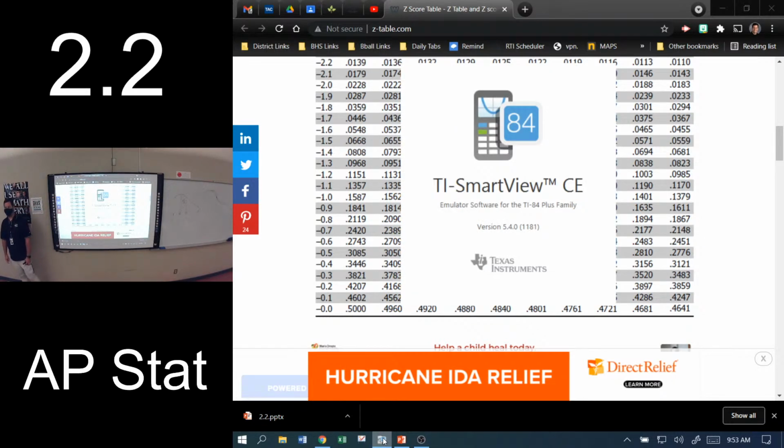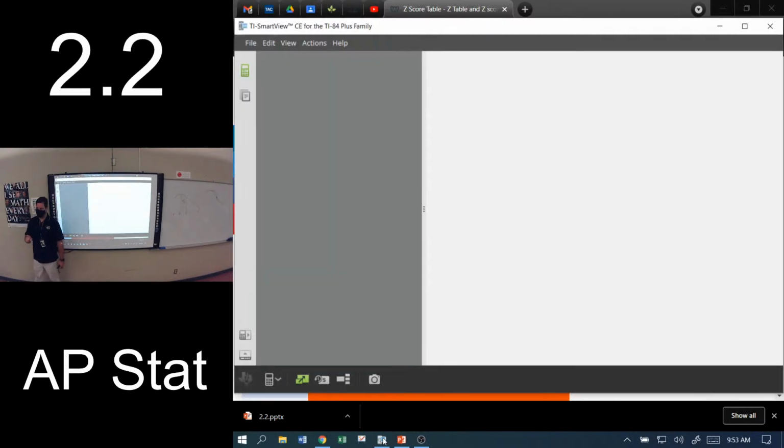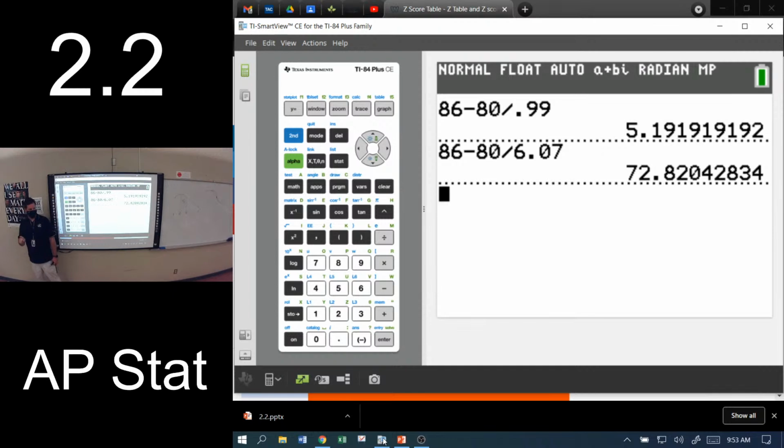If you don't want to use table A, you would use your calculator because table A becomes confusing. Table A, listen to me, only finds the area to the left. Table A will not find the area to the right.